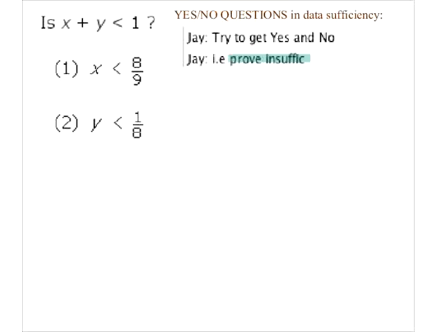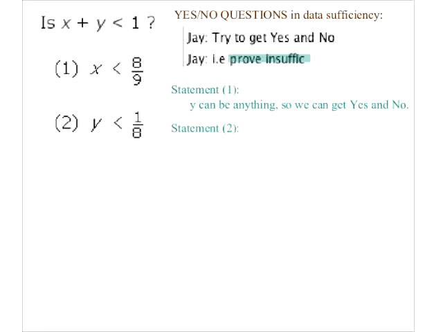Well, can we get a yes here? Let's look at statement 1. Individual statements, you can get rid of those pretty quickly here. Statement 1, y can be anything, so we can get yes and no. Same sort of thing with statement 2.